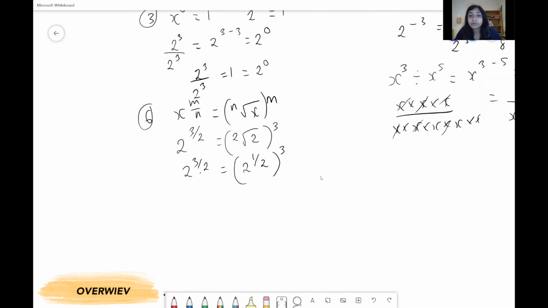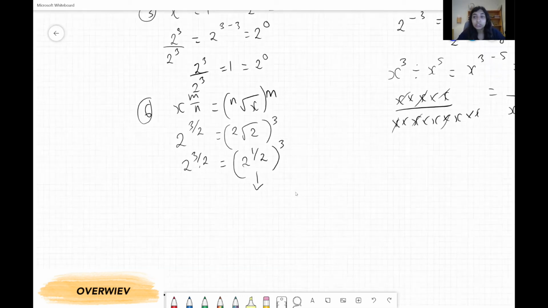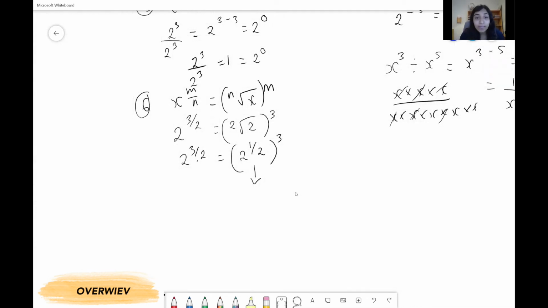Using the rule we had before, x to the power of a, all to the power of b, is equal to x to the power of a times b, if you multiply a half times 3, you get 3 over 2. So that's that rule applied in this context. And 2 to the power of a half is equal to the square root of 2.